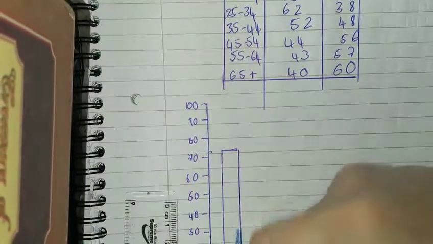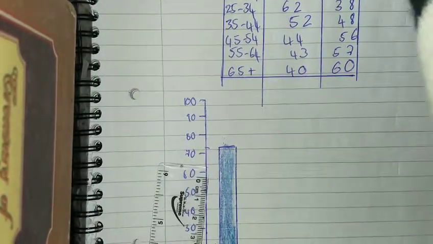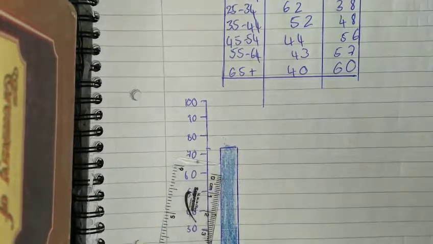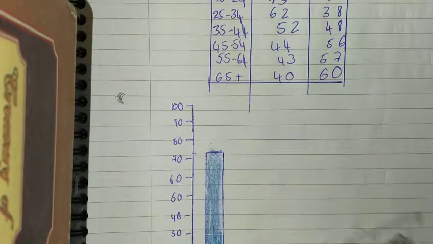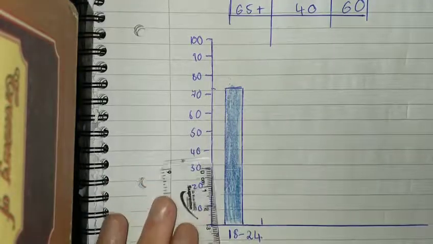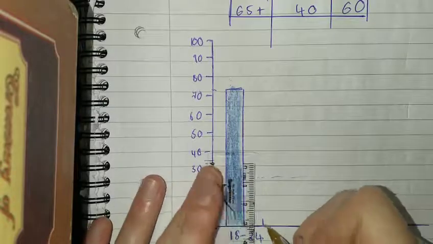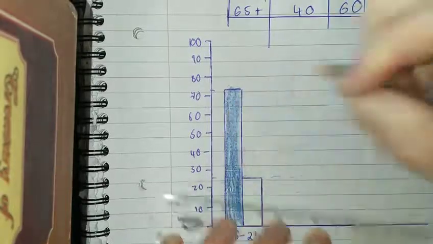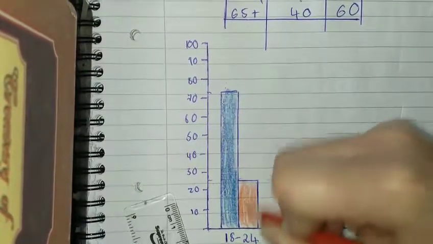So I'll shade in my remain in blue, and then of everyone that chose to leave, I'll do in red. So this is remain, and then leave was 27%. So I'm going to go across to 27. So it's about here, and so this is my 18 to 24 age group.